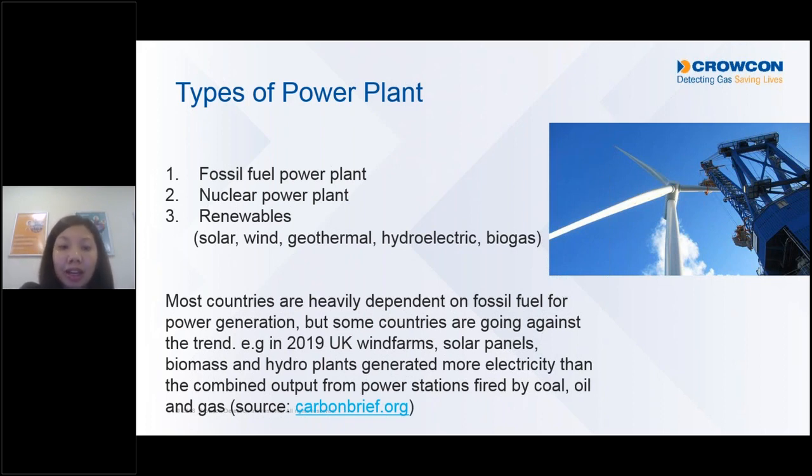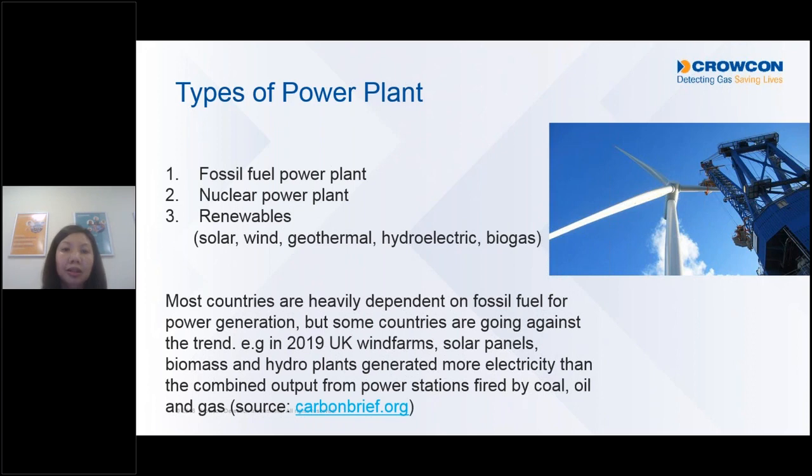In the UK, for example, last year they had more electricity generated from wind farm, solar panel, biomass, and hydro than from what we call conventional power plants fired by coal, oil, and gas. So I think that is the direction that the industry is going.